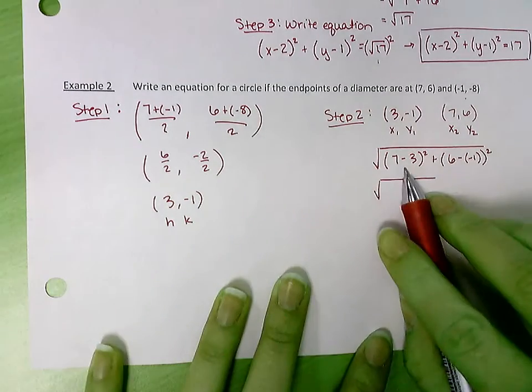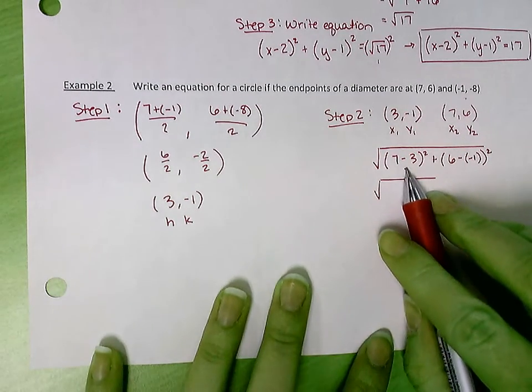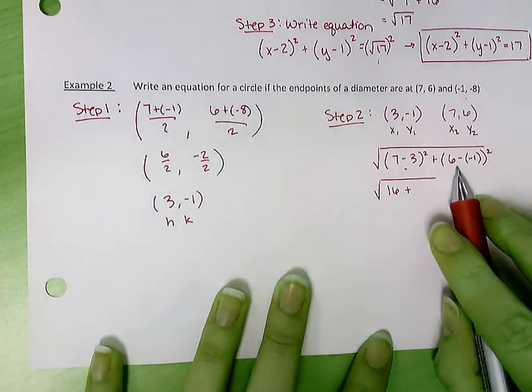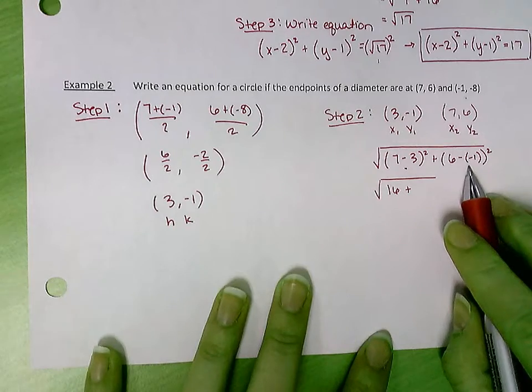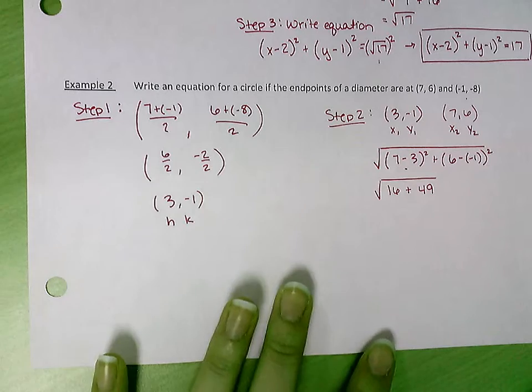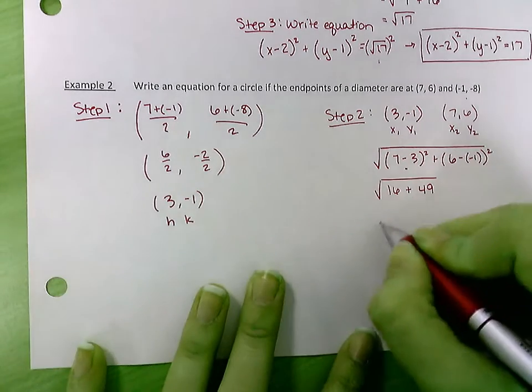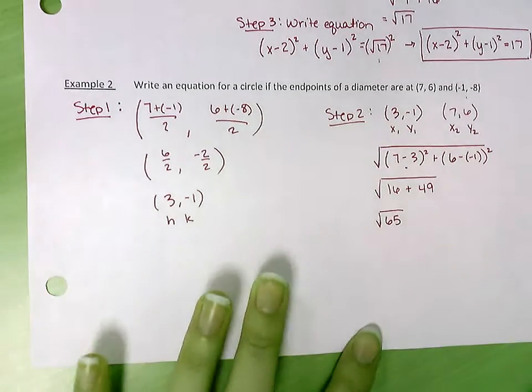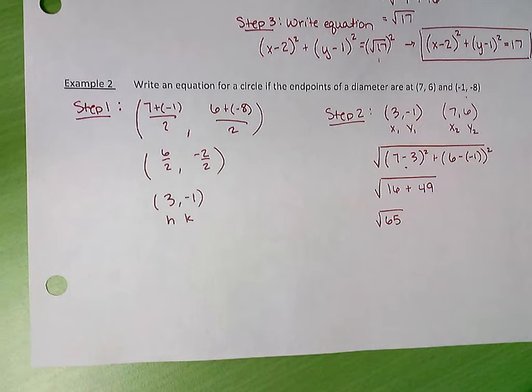So we have the square root of 4 squared, which is 16, plus 6 minus negative 1, which is 7, squared, which is 49. Okay, so we'll have the square root of 65. Again, leave it in radical form. Don't get a decimal.